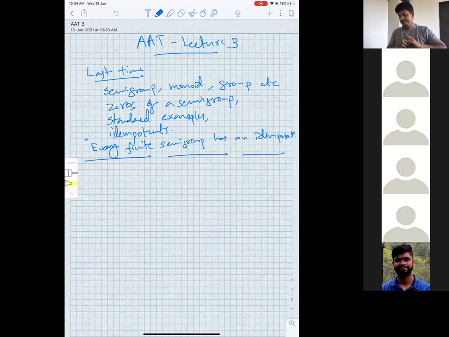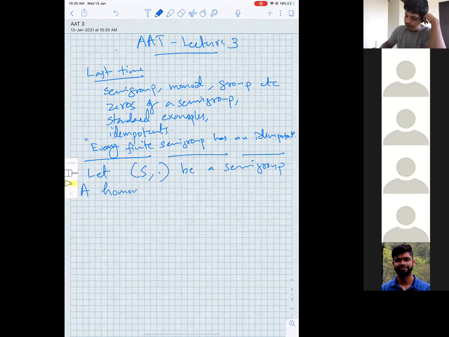All right, let S dot be a semigroup, a morphism, a homomorphism.